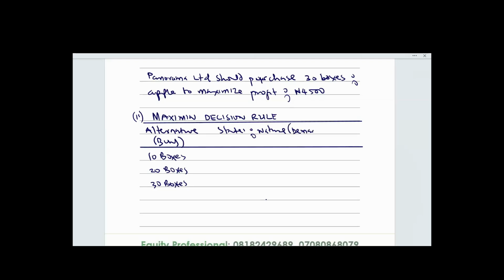Like I said, the state of nature in this question is market demand. So customers can demand 10 boxes, 20 boxes, or 30 boxes of apple.